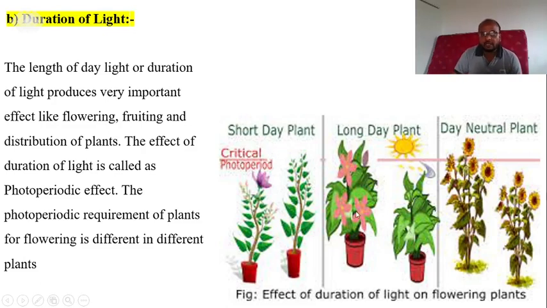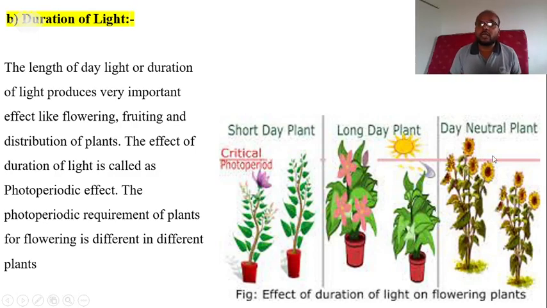Some plants require a long day. That means when the duration of the light is more, the plant blooms. Such plants are called long day plants. In some plants, the day length does not affect the flowering season, whether the day is short or long.